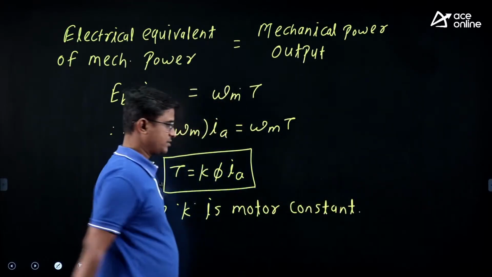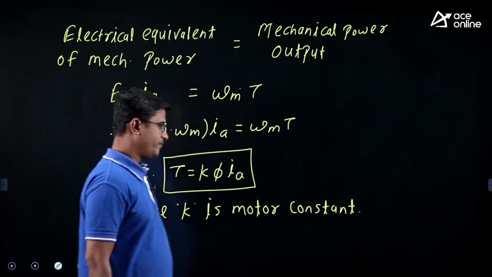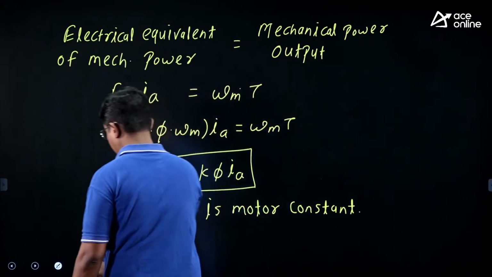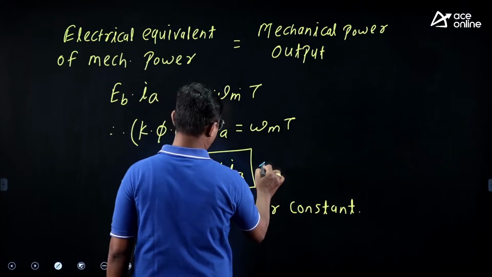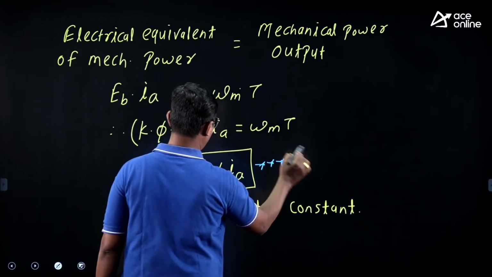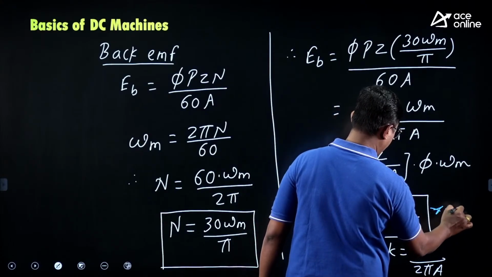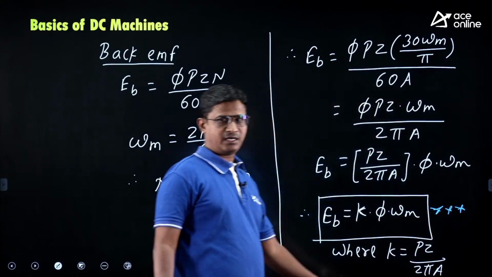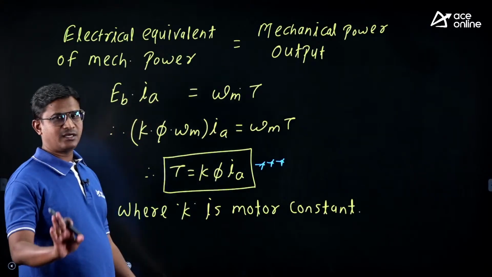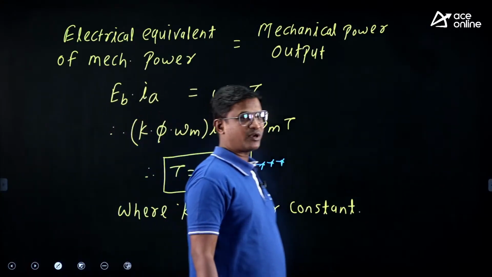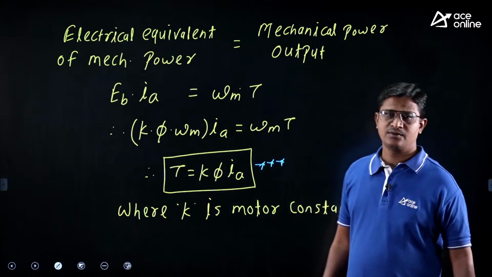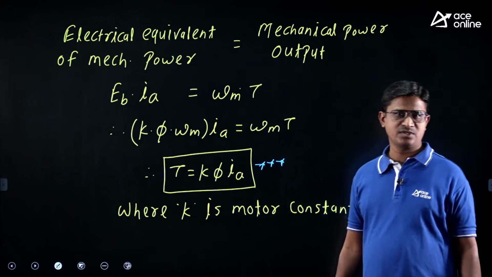These are the expressions for a general DC motor: torque is equal to k into phi into IA, and EB equal to k into phi into omega m. These two are the important expressions. We'll discuss how to solve the problems by using these expressions.